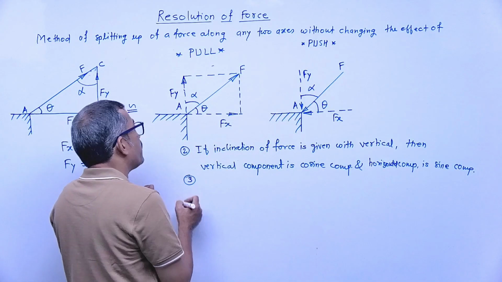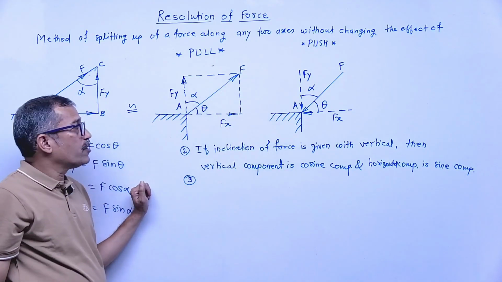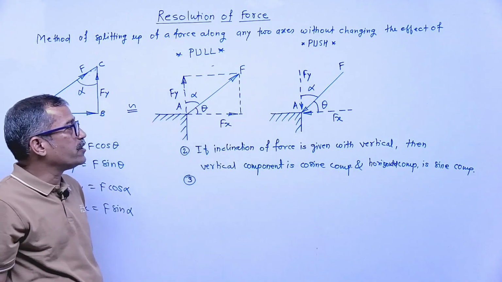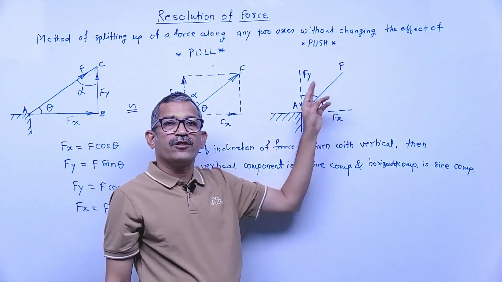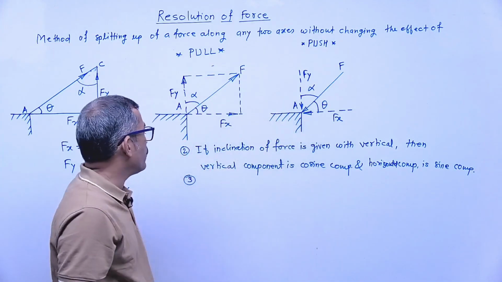Next, number 3. Nature of force. If the nature of force is pull, components are also pull in nature. If the nature of force is push, then the nature of components is also what? Push.